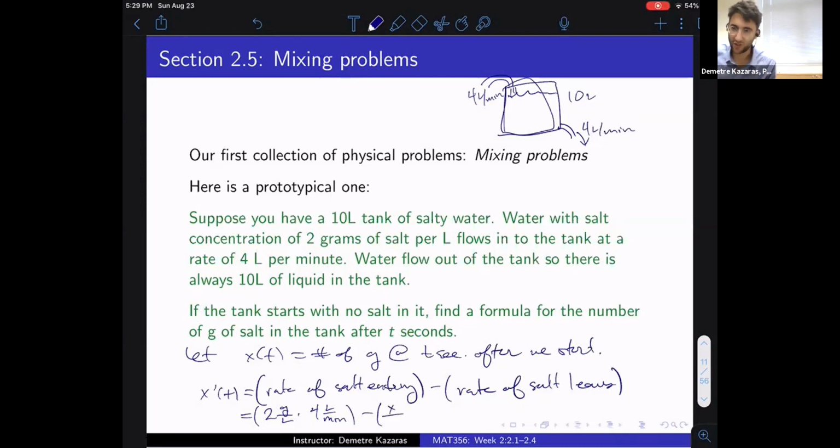The concentration is x over 10. That's how many grams per liter there are in the tank at any given time. Remember, x depends on time. To figure out the amount of salt leaving, you multiply the concentration by the rate at which the water leaves, which is again 4 liters per minute.